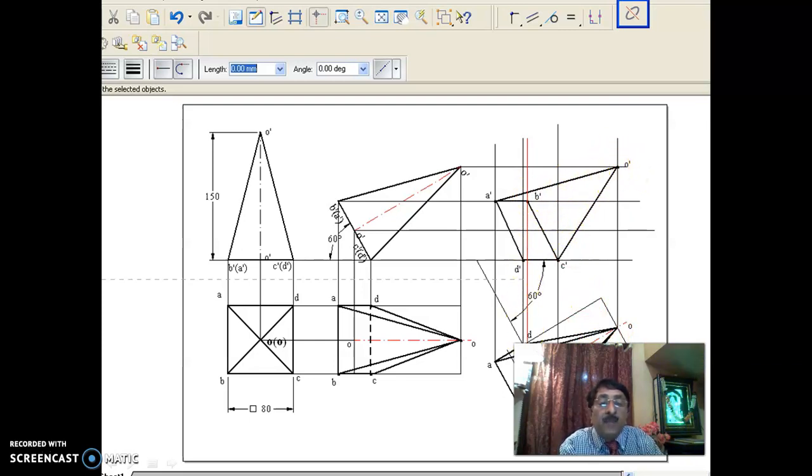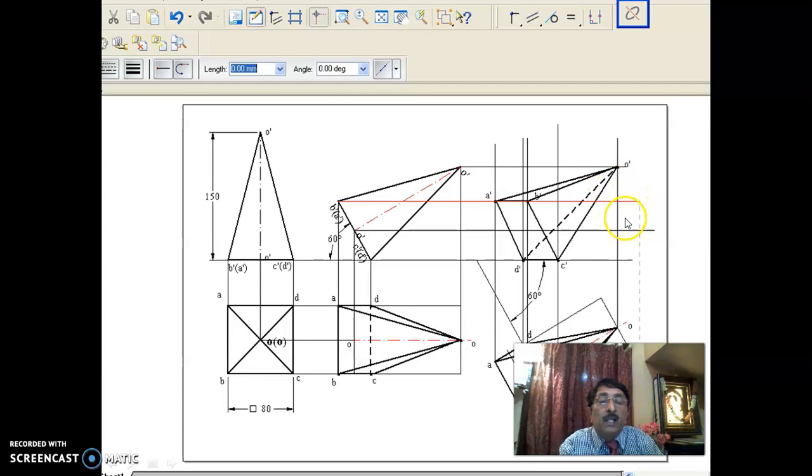And OD, as you see in the top view, for an observer who is looking from the front direction, OD is the back edge and it cannot be seen. That's why we darken O dash B dash and make O dash D dash invisible. That is what we do here.